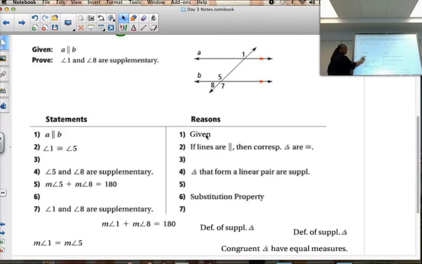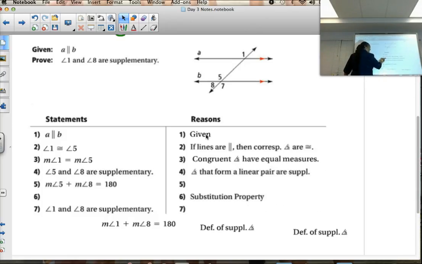Yes. This statement says the angles are congruent, meaning the shapes are congruent. The next statement is telling us that their measures are equal. So shapes are congruent, measures are equal. We can now say that if they're congruent, then they have equal measures. That's your reason. Does that make sense? That's why we correct you when you say, we have to say shapes are congruent, measures are equal.